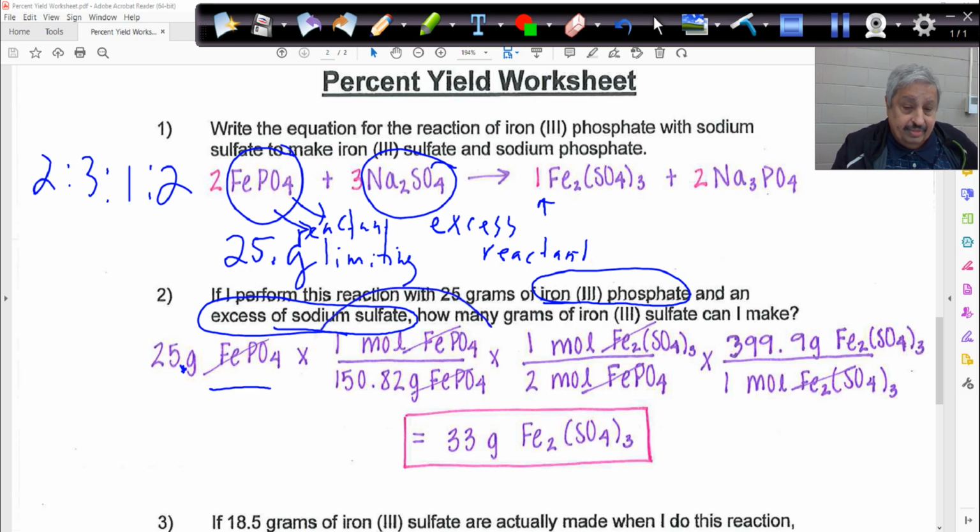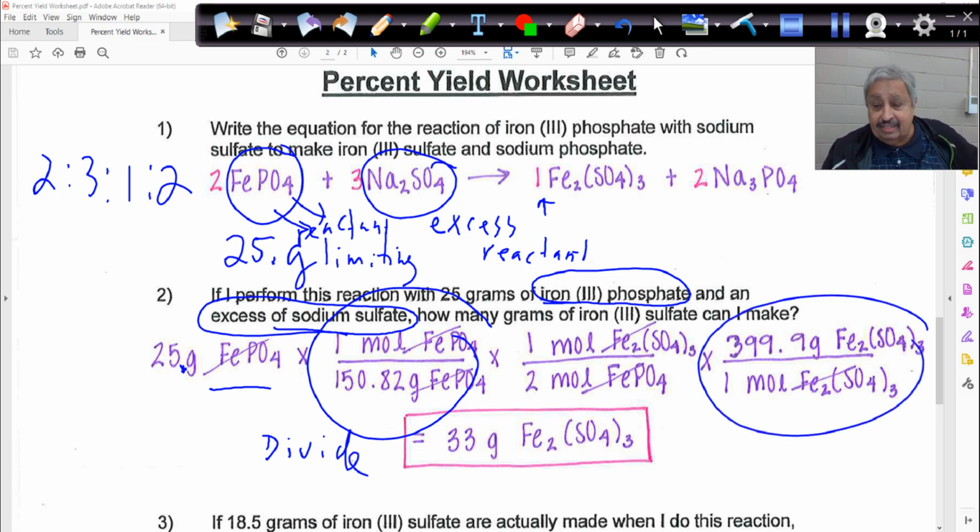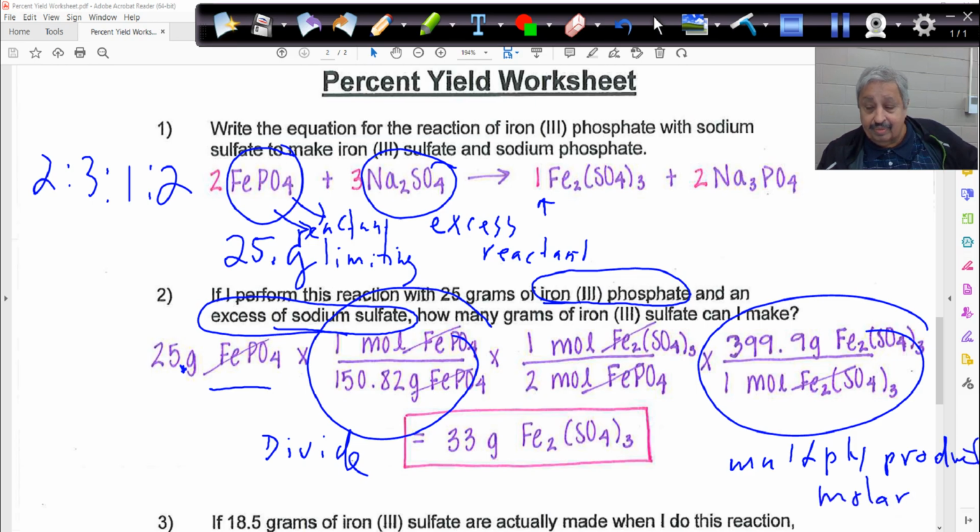Next step is divide. You have to divide. And the last step is multiply. This multiplication is by the product molar mass. So this is step 4.